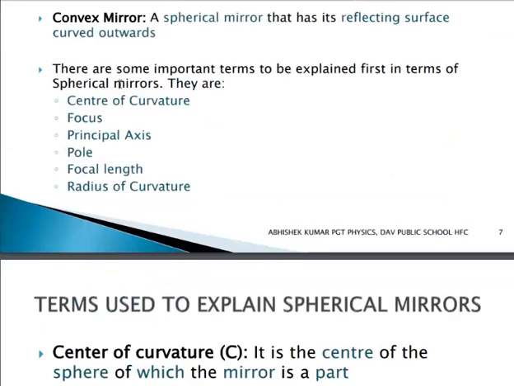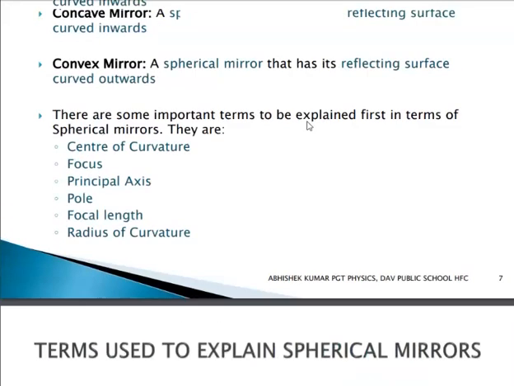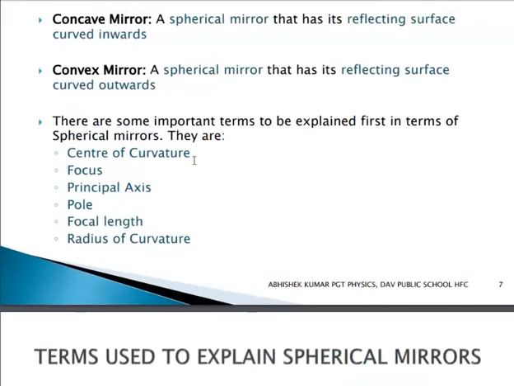Now there are some important terms to be explained first in terms of a spherical mirror that are essential to know. Without knowing them, one cannot explain all about the image and mirror formula for spherical mirrors. First is the center of curvature. What is the center of curvature?